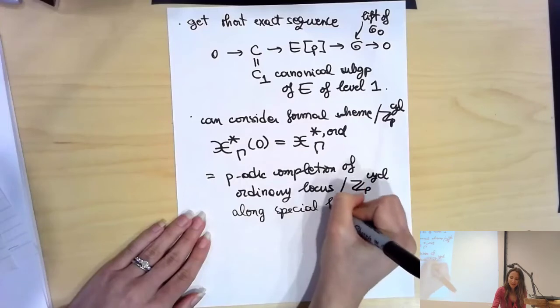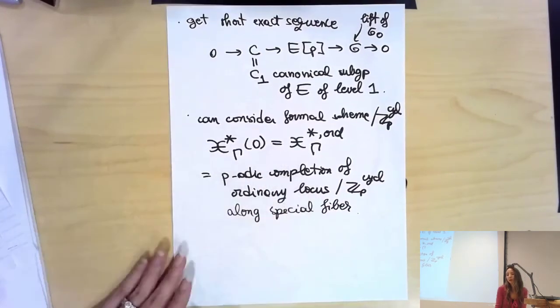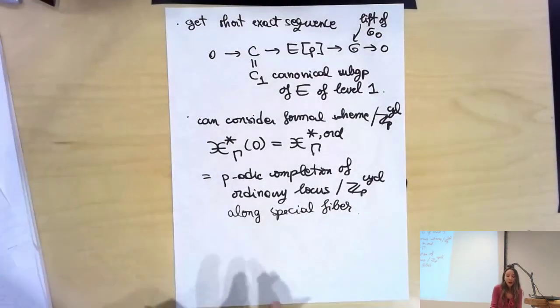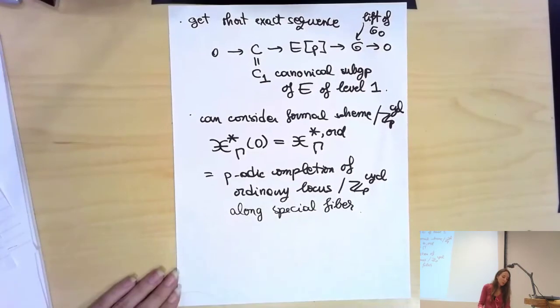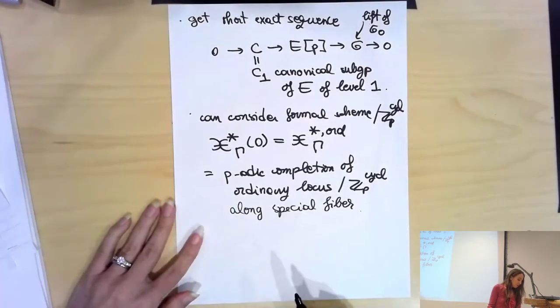Maybe this is a slightly complicated thing to consider, but you want a formal scheme version of the ordinary locus that you see on the special fiber. You can do this not just for modular curves, but for higher dimensional Siegel modular varieties, so for Shimura varieties for GSp2g.